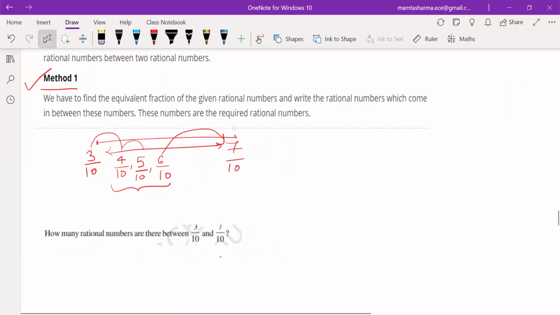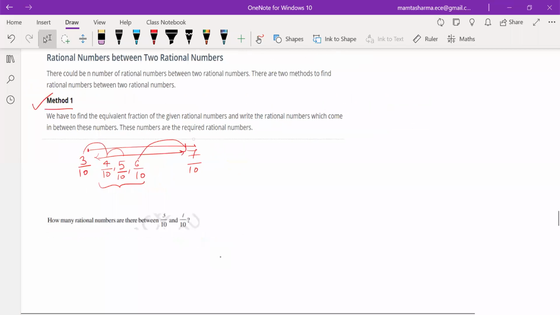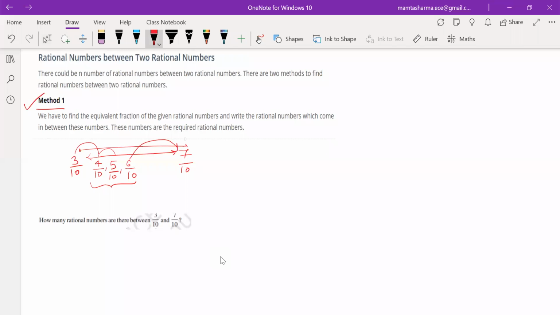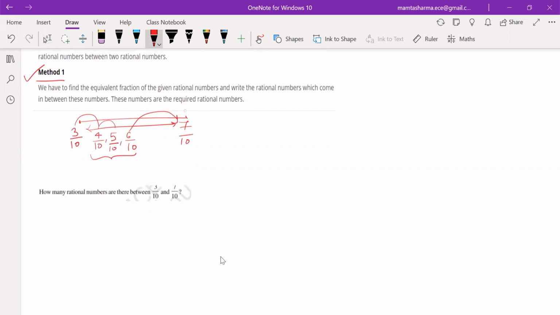Okay, so what is the procedure? We have to find the equivalent fraction of the given rational numbers. In this method, we multiply with a fraction so that we achieve the equivalent rational number.